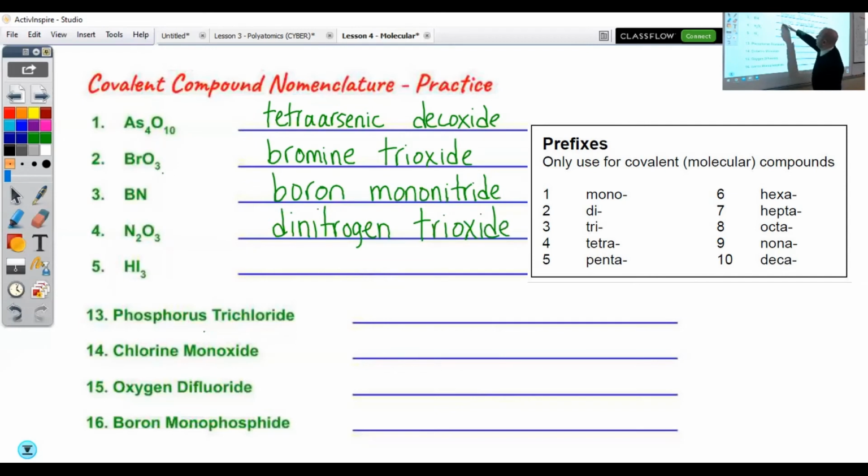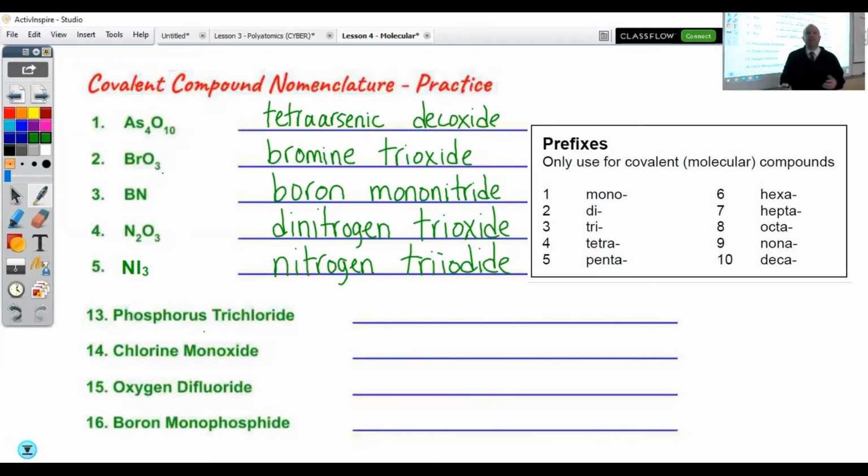Full name of the first element, all the way up. Second element, IDE ending, every time. Our 5th example is nitrogen, and then 3 iodides, or nitrogen triiodide.